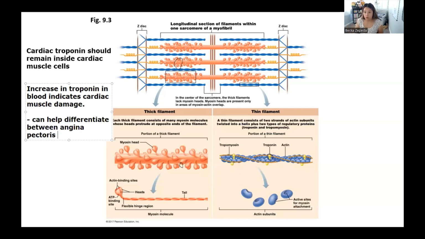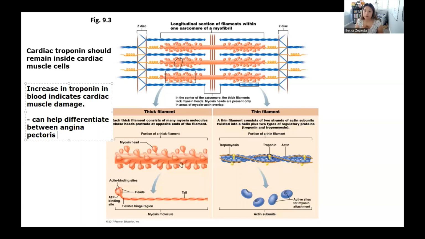That can lead to angina pectoris, where you get a pain in your chest because your heart is starved for oxygen. There's not enough oxygen getting to the heart, it's having to work harder, and you get a pain in your chest. However, at this point, no cells have died or been damaged, so your cardiac troponin should still be in those cells.